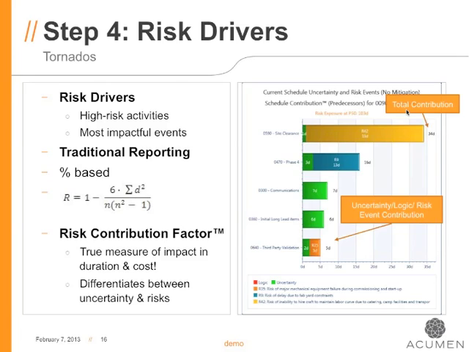Now, schedule sensitivity is a correlation coefficient, so it's a percentage-based tornado. And again, it's one of the most misunderstood reports, because people look at a traditional tornado chart with percentages on them and think that those percentages are, for example, the probability of that activity being the biggest hitter. Well, it's not. It's a correlation between variability of duration in the activity versus variability on the finish date.